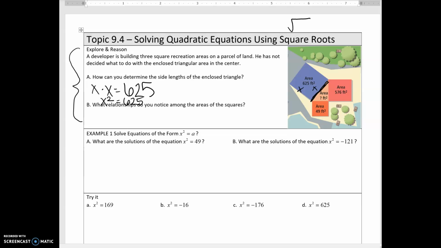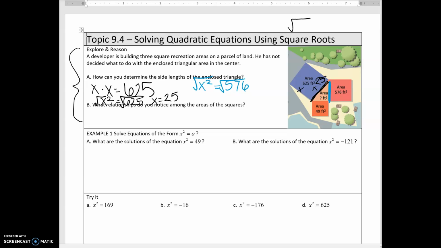And then to find what x is, we have to take the square root of both sides, which gives us x equals 25. So this side length right here is 25. And then you would repeat the process for each one. So if I wanted this side length right here, I would do x squared equals 576.